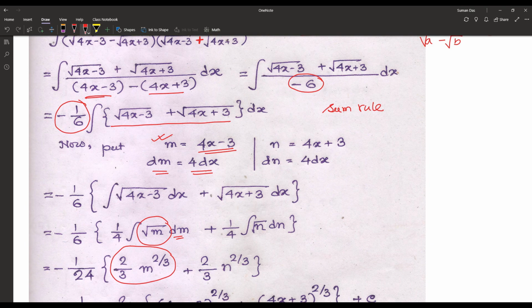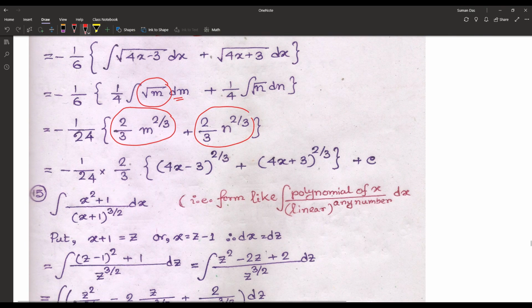In the same way we substitute 4x plus 3 with n and get the result 2 by 3 n to the power 3 by 2. Now just replace m and n with their original values and we get the result here. Here 1 by 4 has been taken common before, so it becomes minus 1 by 24, 6 into 4 here.